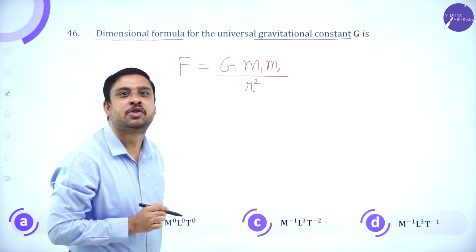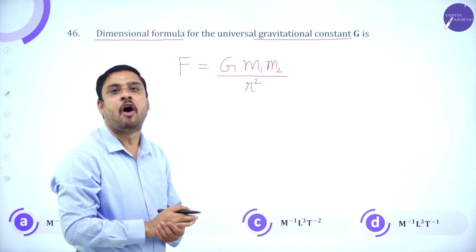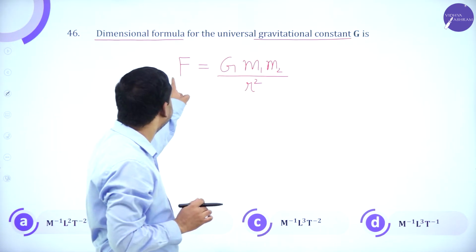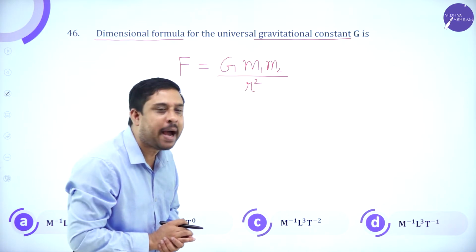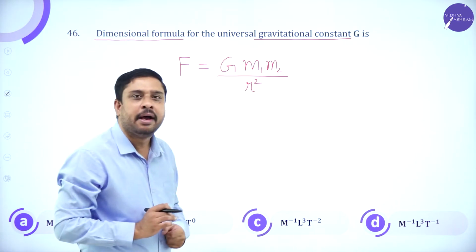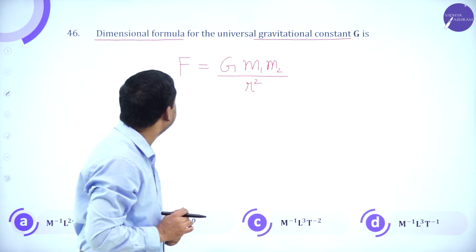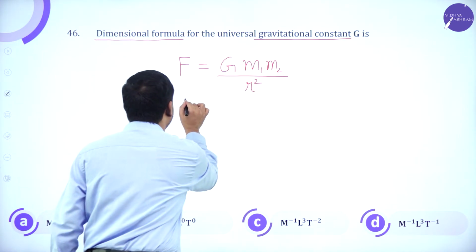Recall Newton's universal law of gravitation. F equals G m1 m2 by r square. I want the dimensional formula for G.